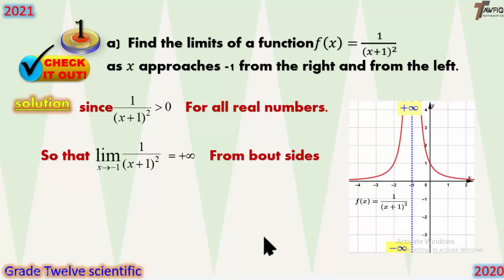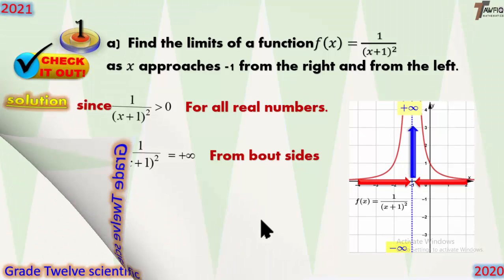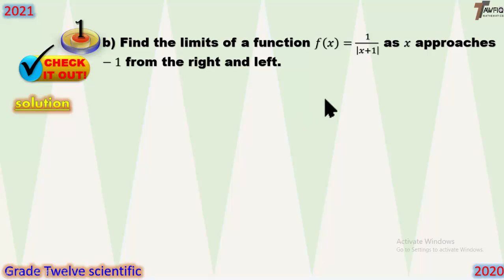As you can see in the graph of the function. Here, as you know, absolute value is a positive number, and positive over positive is every time a positive number.